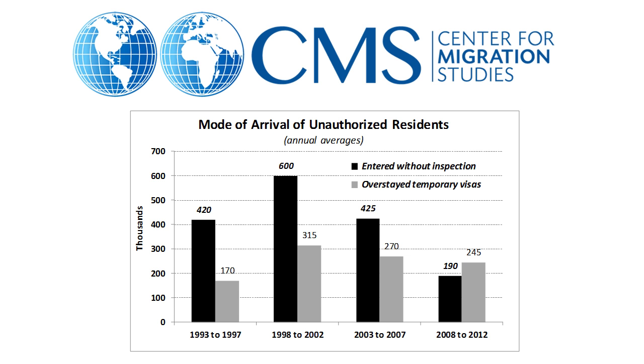Because arrivals from states with heavy percentages of border crossers has diminished, particularly Mexico, new additions to the unauthorized population are now mostly coming from people who overstay temporary visas. So look at that. Look at how that's reversed.